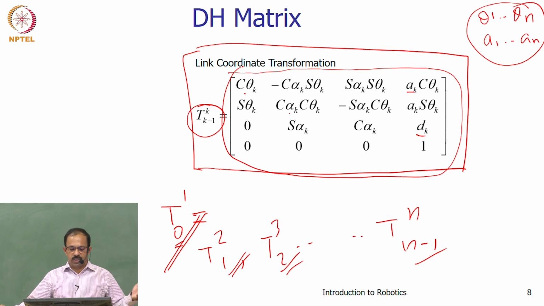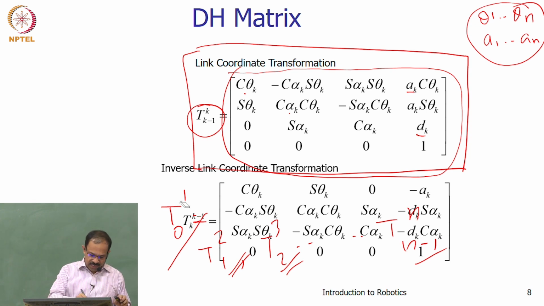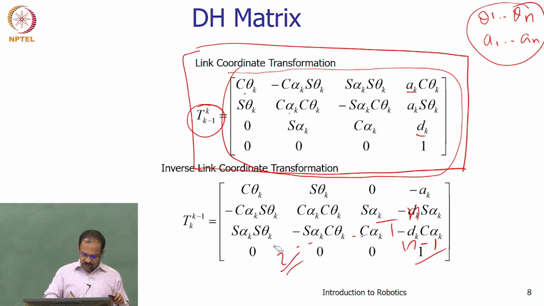So now you know about coordinate assignment, you know how to get DH parameters, and if you know DH parameters, how to get the transformation between two adjacent coordinate frames. That is the basic requirement for forward kinematics. If you want the inverse also, you can get it. If you are interested in getting k-1 to k, it's basically an inverse of this one.